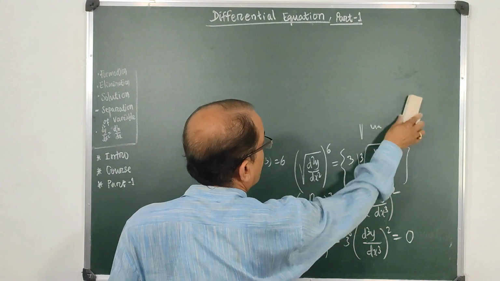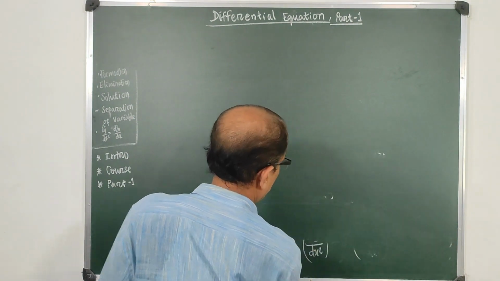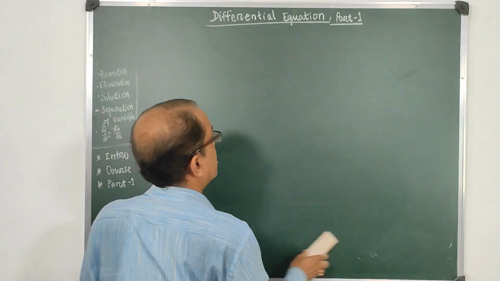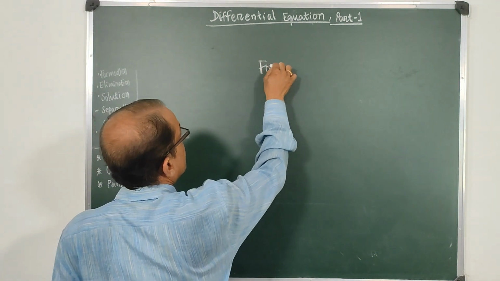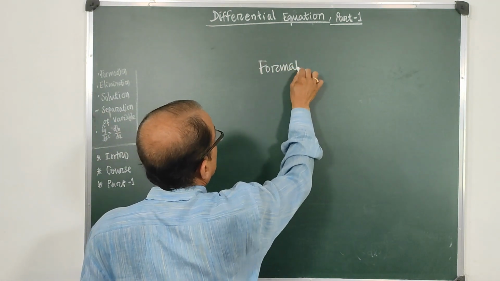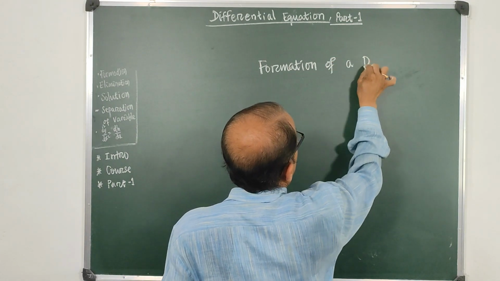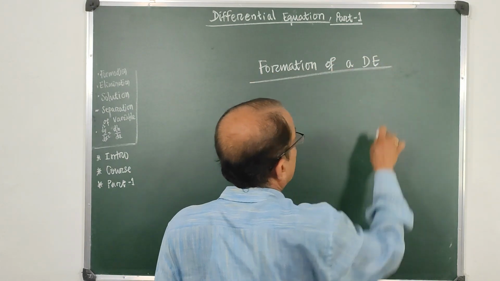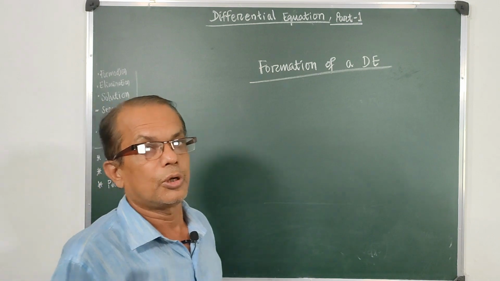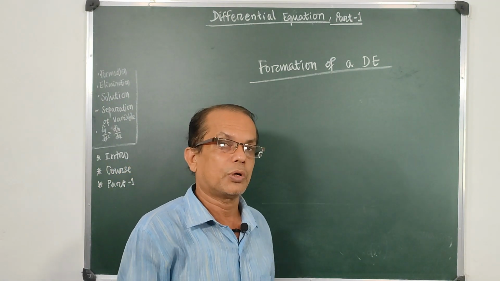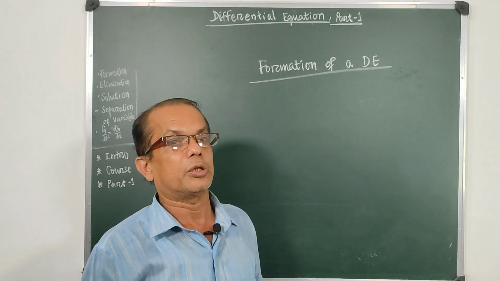Then we go for formation of a differential equation. How to form a differential equation? We know that differential equations must involve differentials in x, y, z or any variable.